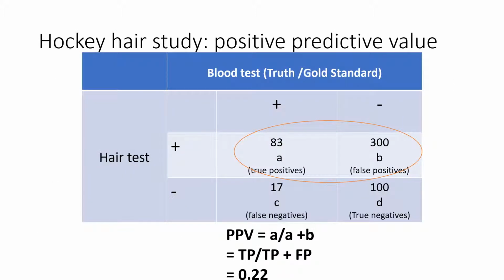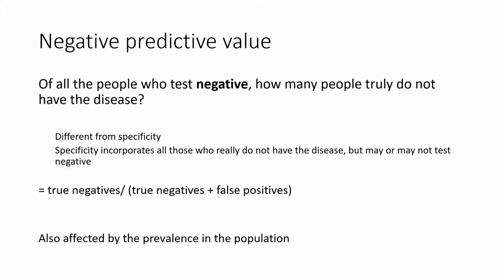So looking at our hockey hair study, let's figure out the positive predictive value. Of all the people who test positive, how many truly have the condition? So 83 out of 383, it shakes down to be 0.22% positive predictive value. And the negative predictive value now, of all the people who test negative, how many people truly do not have the disease?